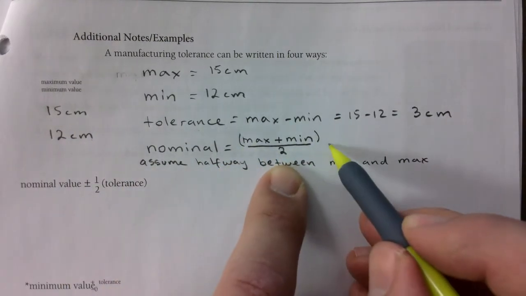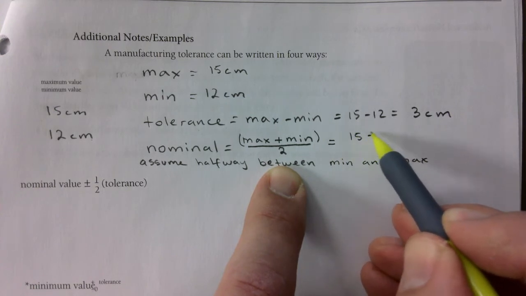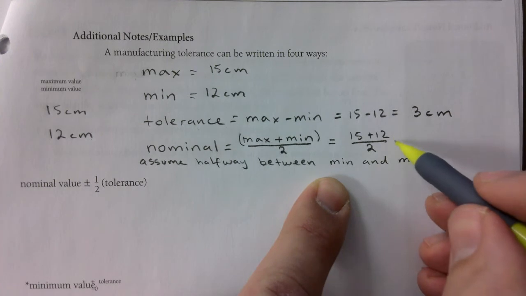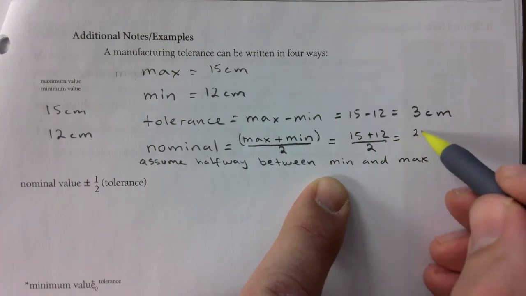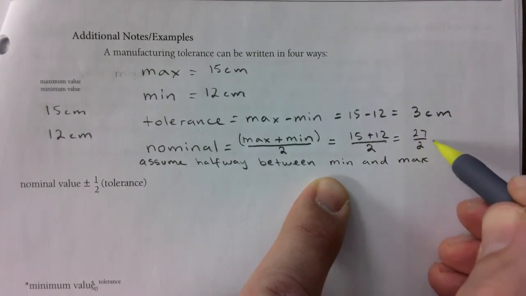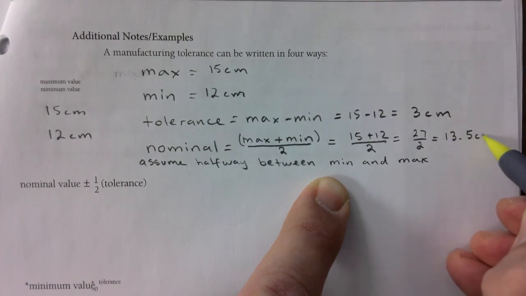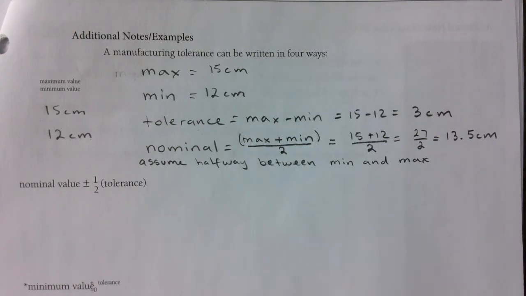So that's the formula. So that'll be 15 plus 12 over 2. You got to do the top first. 27 divided by 2, which is going to be 13.5 centimeters. Somewhat controversial.